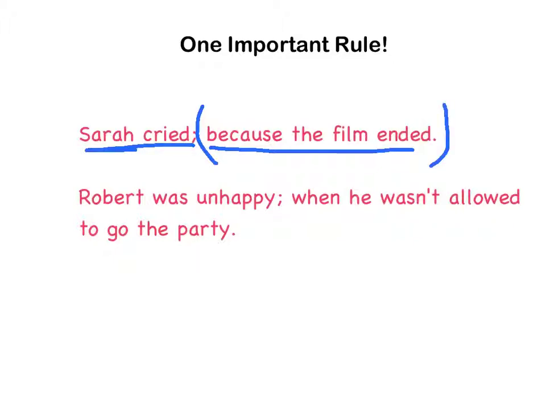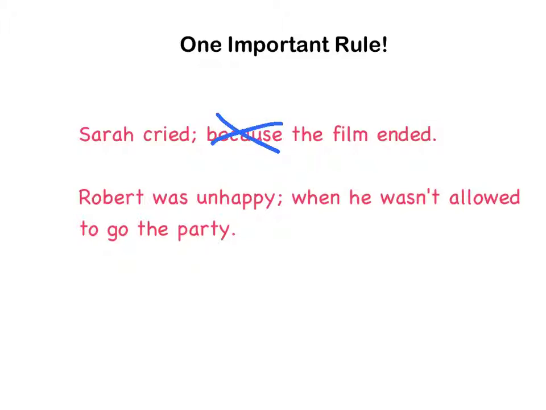Therefore, we would not need to use a semicolon. Instead, what we need to do is remove the connective, which leaves us with two sentences, Sarah cried and the film ended. In this situation, it is perfectly okay to use a semicolon.